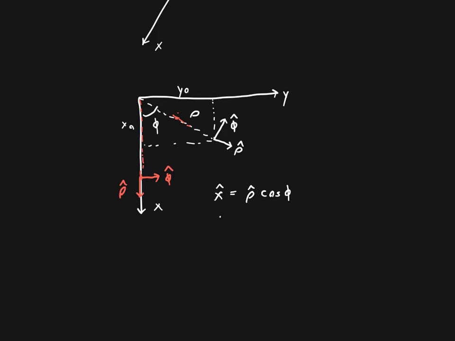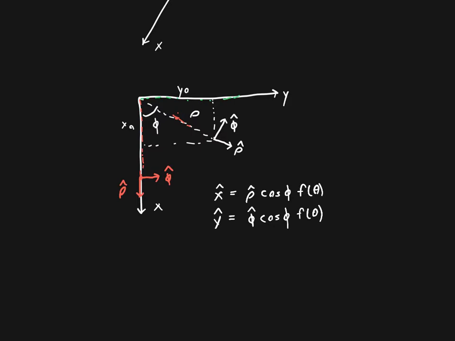And we can write something similar for the y hat vector. Y hat is just phi hat times cosine phi. And we don't know what the dependence on theta is, so I'm just going to write a little f of theta out here, times f of theta. But we know that this is the phi dependence for x and y in terms of rho hat and phi hat.